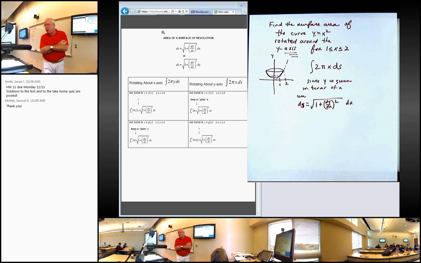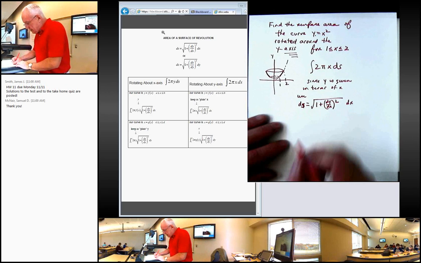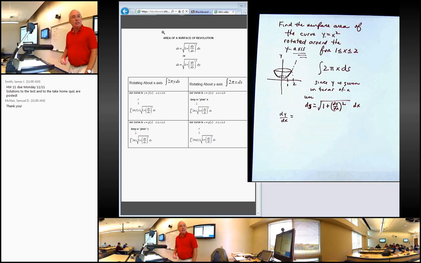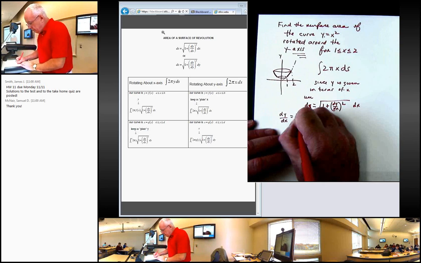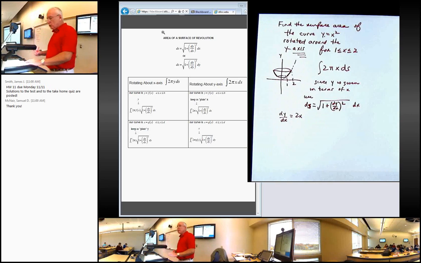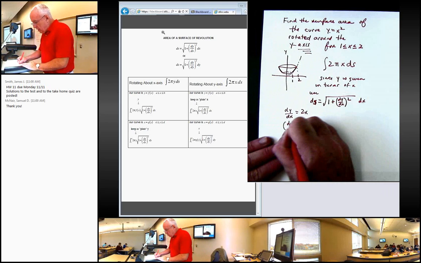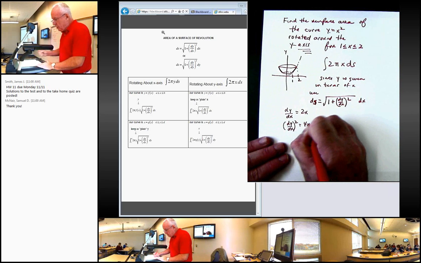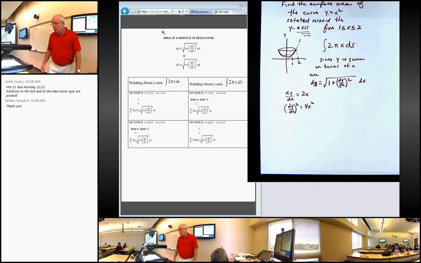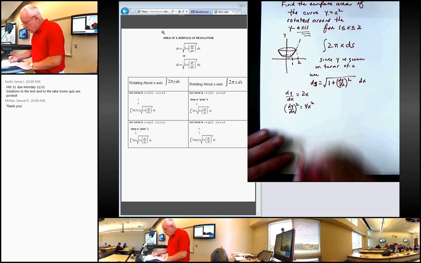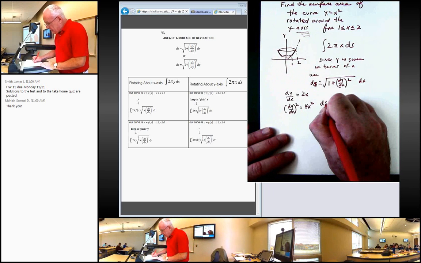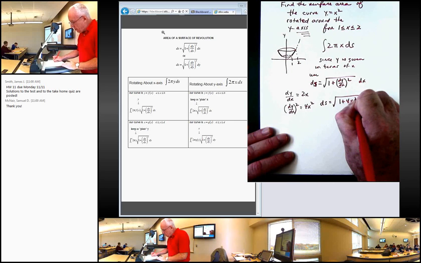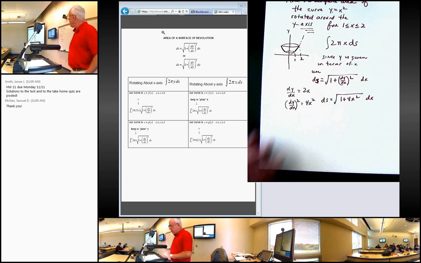So let's figure out first what dy dx is, and that's easy. dy dx is just equal to 2x. Let's square that: dy dx squared is 4x squared. Therefore, ds is going to equal the square root of 1 plus 4x squared dx.